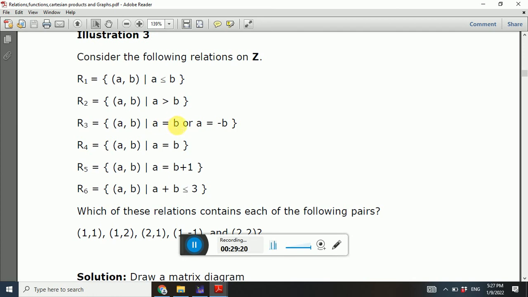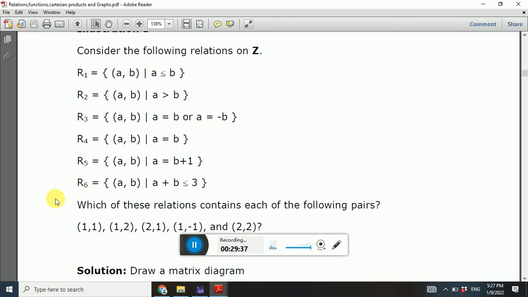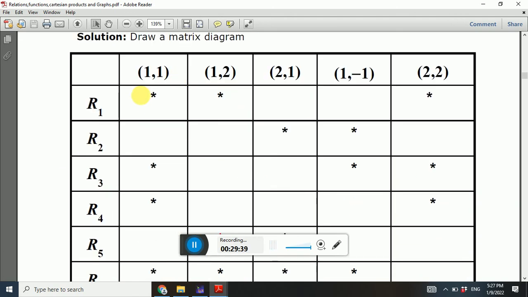It can either be A equals B, or A equals negative B. Okay, so you can see that the pair (1, 1) is satisfied by R1, R3, R4, and R6. So that's why we have these stars here.